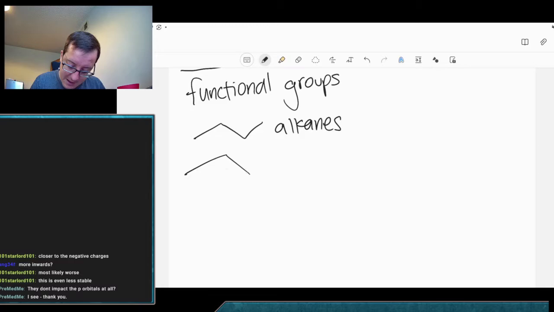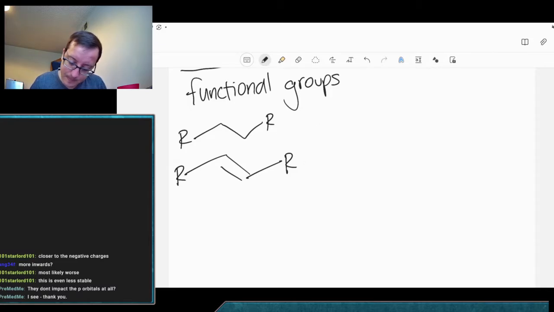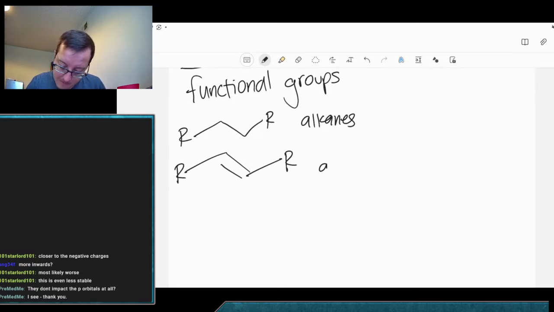We're going to have alkenes, which have double bonds involved. I'm going to put R's on these. R can be more carbons or more hydrogens, either way.